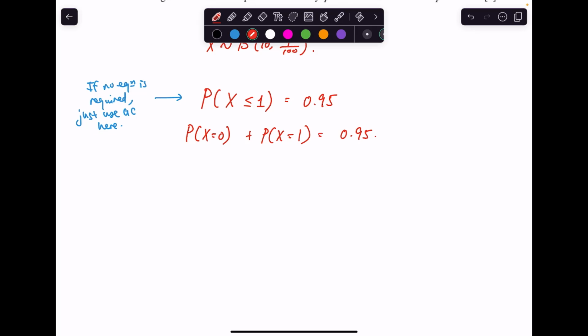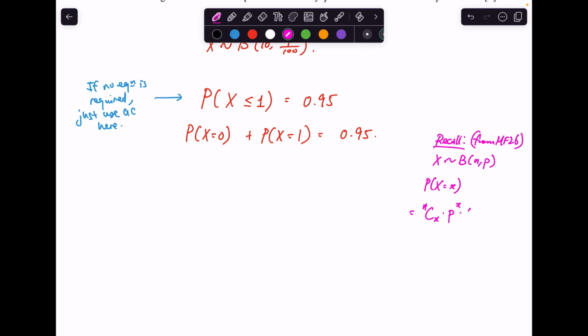Then the probability that X equals small x is n choose x times the probability of success to the power of x, because I have x successes, multiplied by the probability of failure, 1 minus p, to the power of n minus x, because there are n trials in total, so n minus x are left.